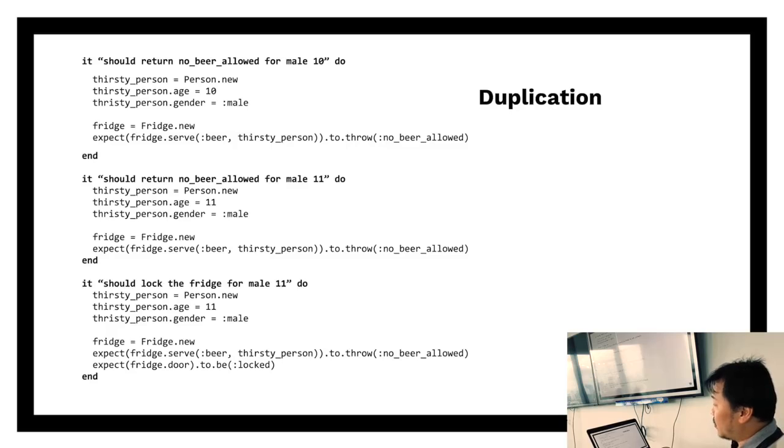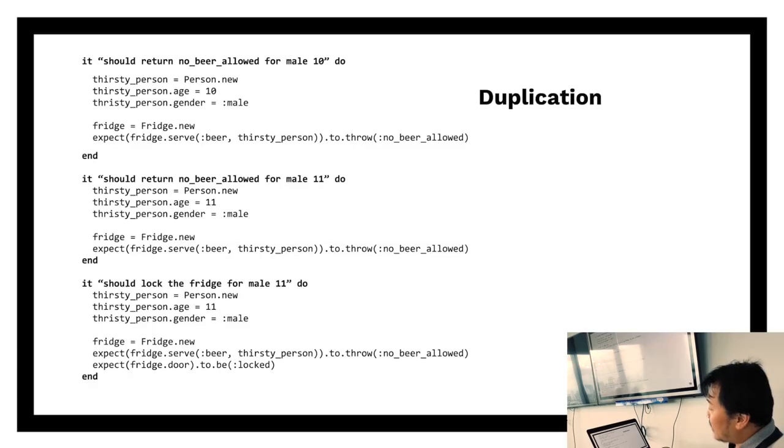And this should return no beer allowed for male 10 is actually a specific case, which sometimes is okay, a specific case of a business logic. What you really want to protect here is underage is not allowed to have beer. Not no beer allowed for male 10, which is a little bit too specific with regards to the testing, in my opinion.